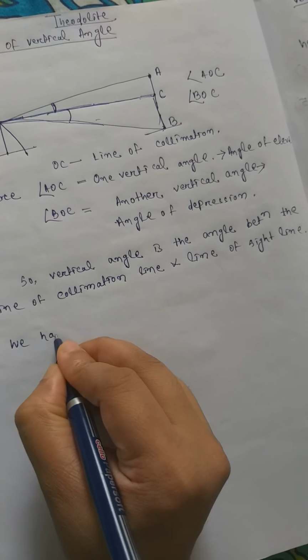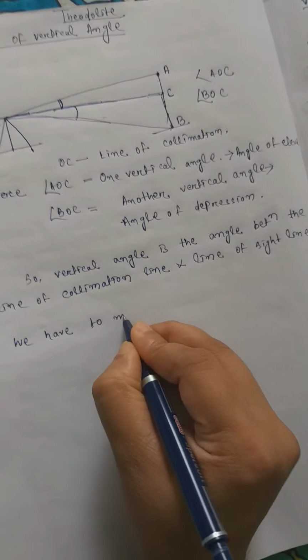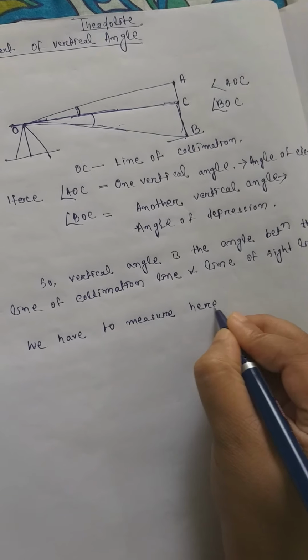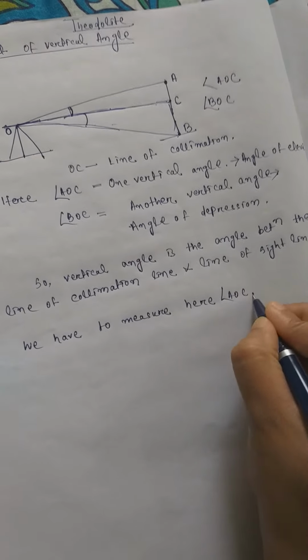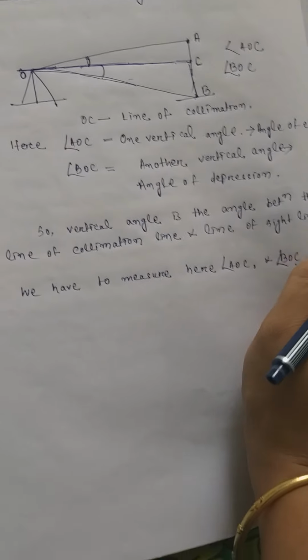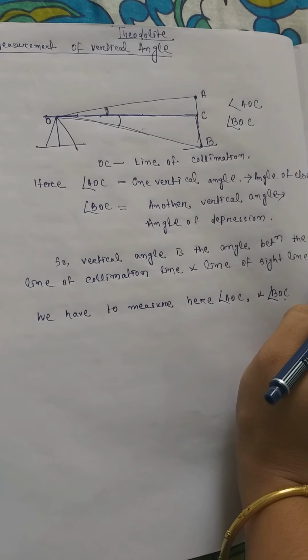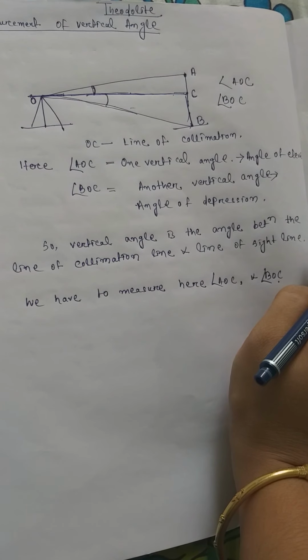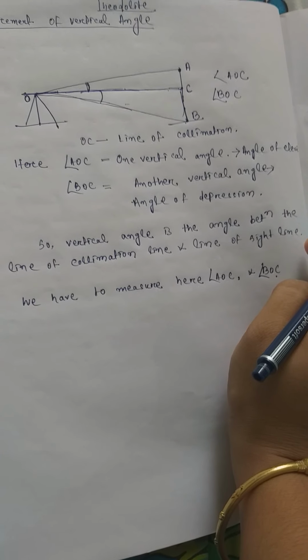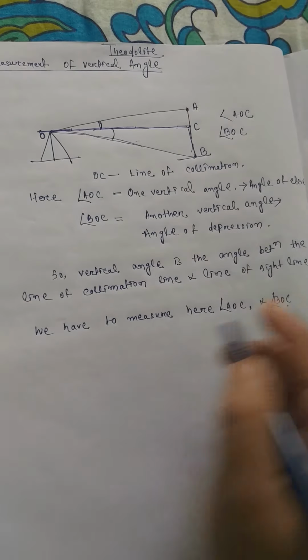So we have to measure the AOC angle and the BOC angle. But in this experiment we have to measure the AOC angle twice and the BOC angle twice and get the average of AOC and BOC.